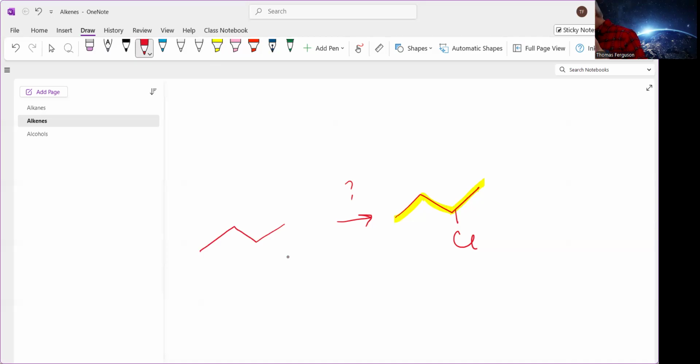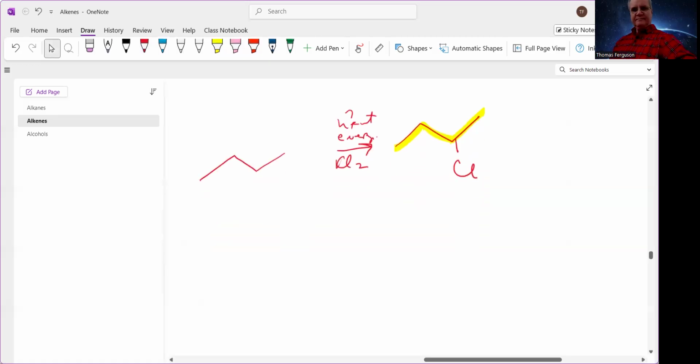And we need heat energy and Cl2. Remember, that's our alkane reaction. That's one way to make it. But there are multiple ways to make it.